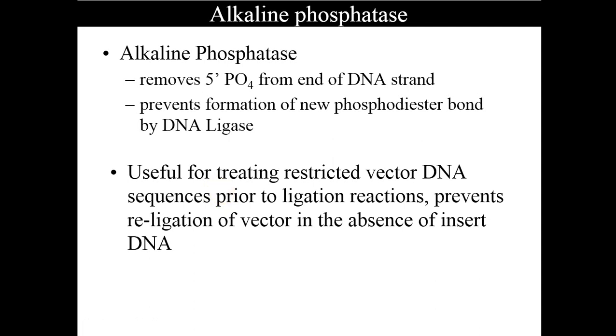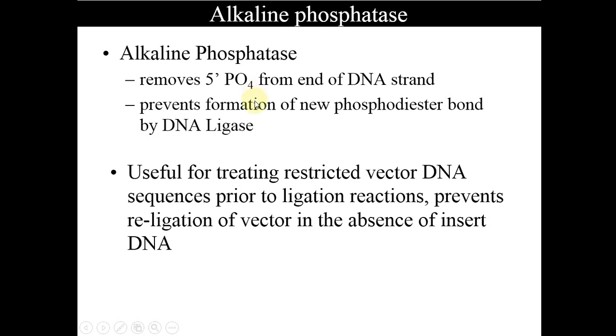Next enzyme is alkaline phosphatases. The name itself suggests it: phosphatases remove the phosphate group, and kinases add the phosphate group. Both are different enzymes; their actions are completely opposite. Alkaline phosphatases remove the 5' phosphate group. Now where is the phosphate group present?